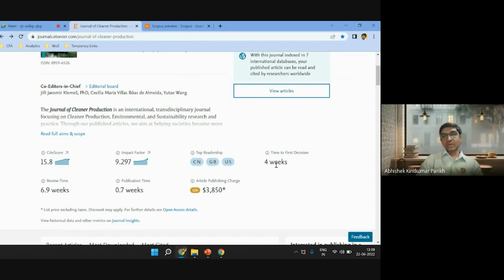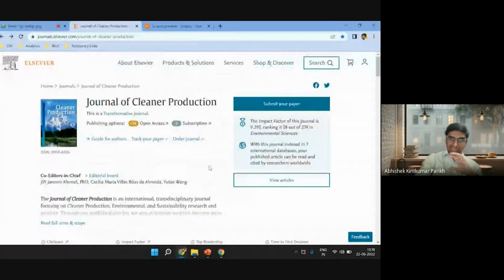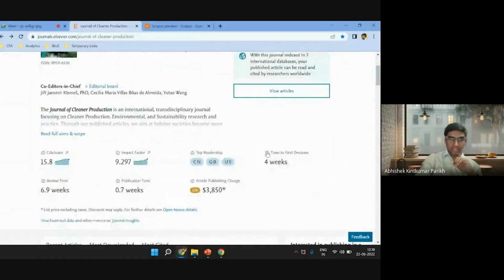If you talk about what may be the timing for acceptance or rejection or minor or major revision of your article, the time for the first decision for most of the journals, on average, is 4 weeks. They are taking 6.9 weeks to review articles. So after the first decision is taken by them, they inform you that your article is accepted with a minor revision or changes or whatever.